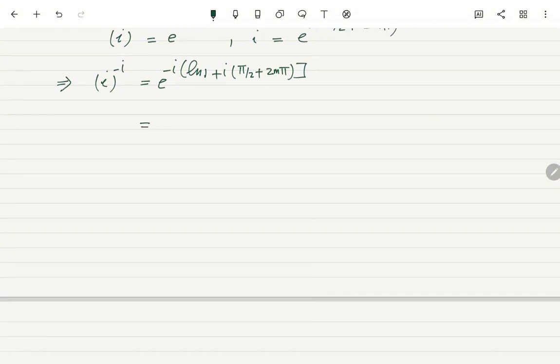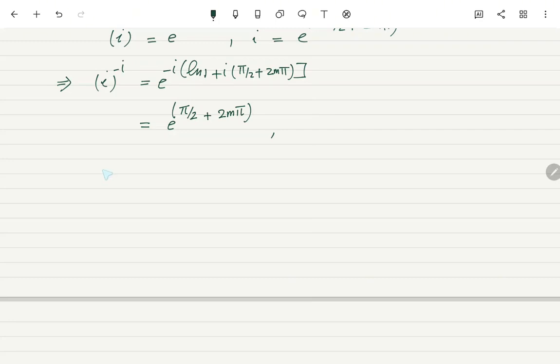And this equal to e to the ln 1 equal to 0, and minus i times i is just 1, e to the pi over 2 plus 2m pi, and remember m in this case equal to 0, plus minus 1 and so on.